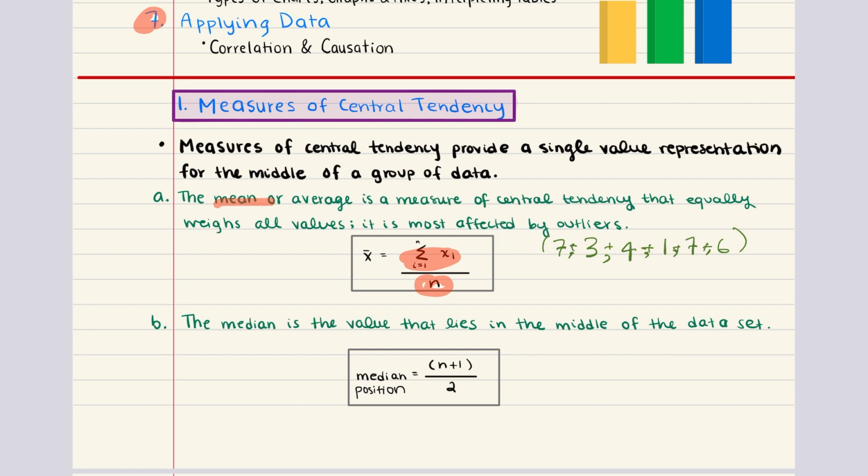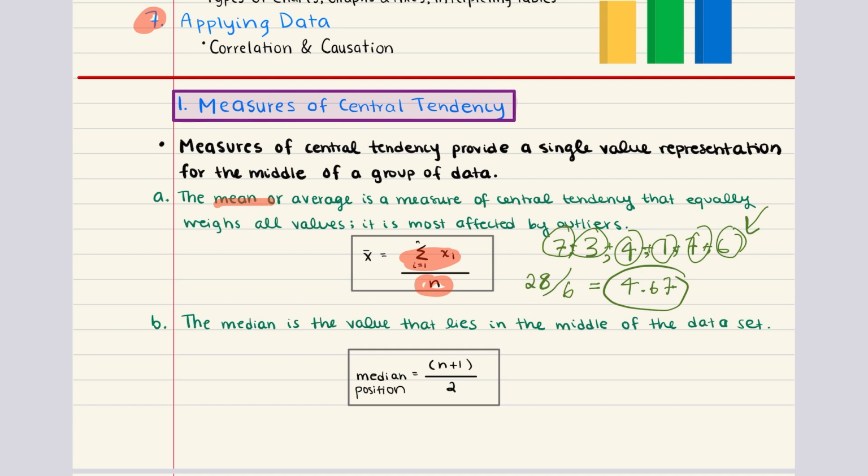When we do that, we get 28. And then we're going to divide 28 by the number of values. Here we have 1, 2, 3, 4, 5, 6 values. So we have 28 divided by 6. This gets us 4.67. So the mean for this data set is 4.67.